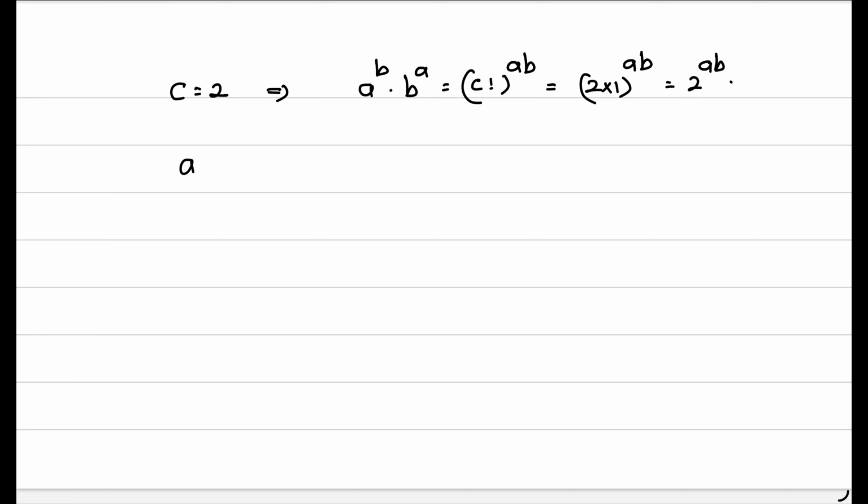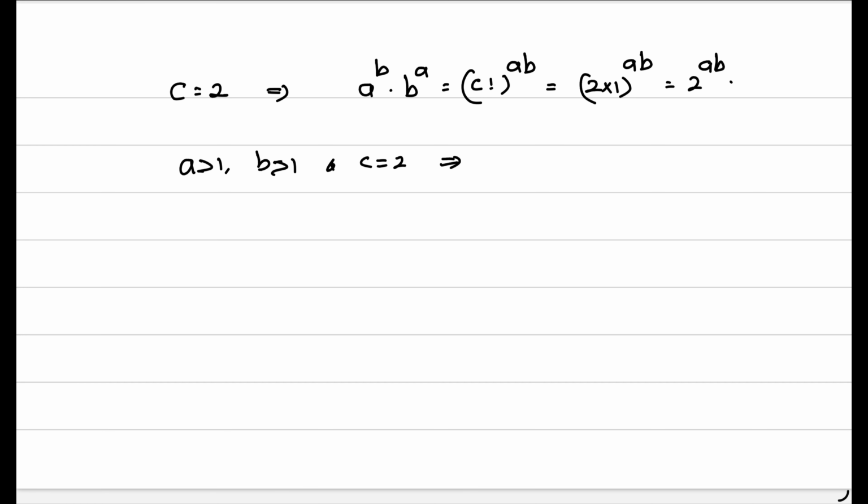C is equal to 2 implies A to the power of B into B to the power of A is equal to factorial C to the power of AB, that is equal to 2 into 1 to the power of AB, that is equal to 2 to the power of AB. A is greater than 1, B is greater than 1 and C is equal to 2.